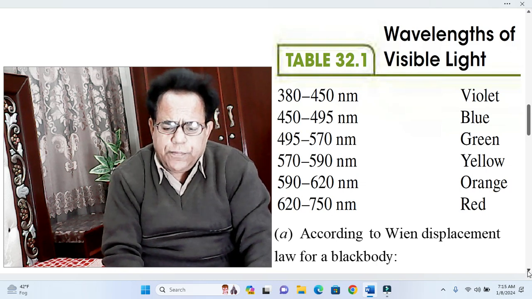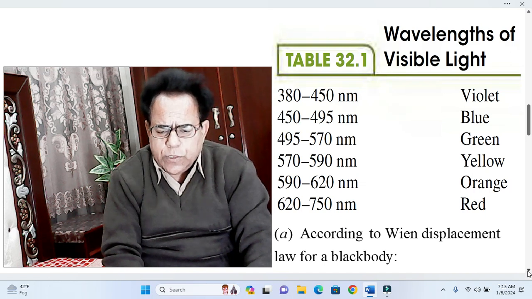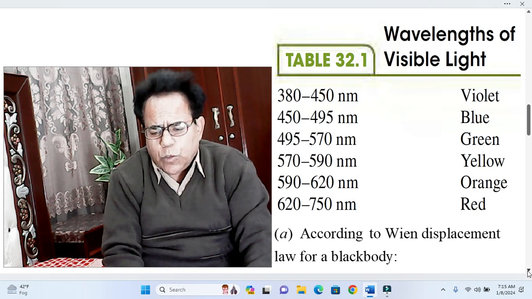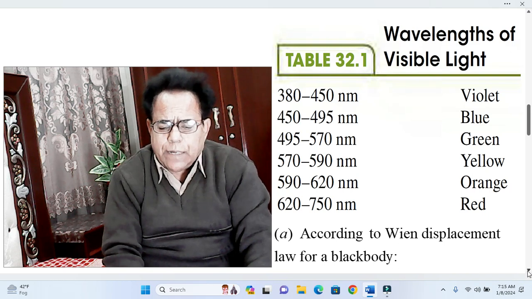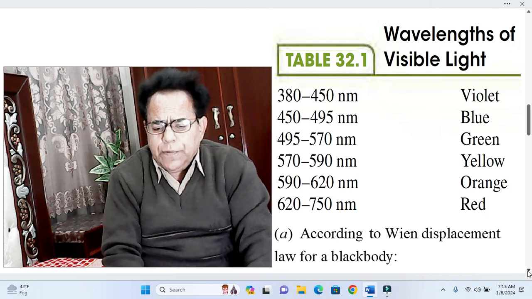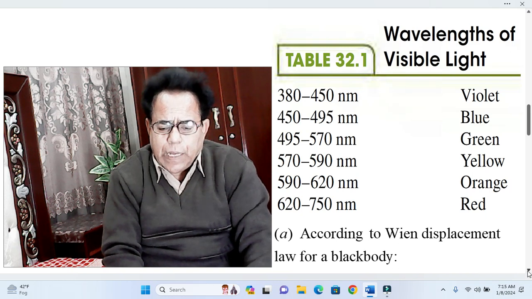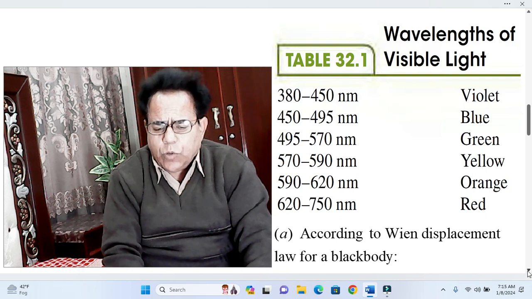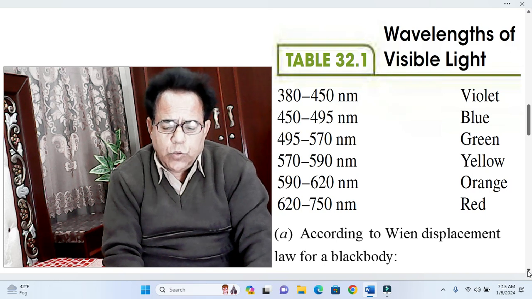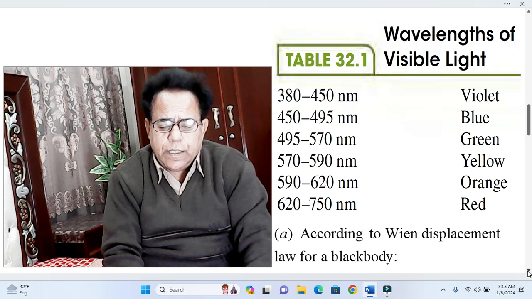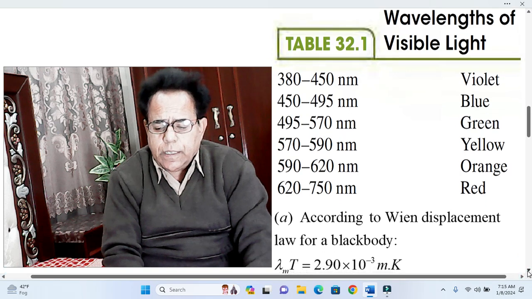From 495 nanometer to 570 nanometer, color is green, while from 570 nanometer to 590 nanometer, color is yellow, while from 590 nanometer to 620 nanometer, color is orange, while from 620 nanometer to 750 nanometer, color is red.